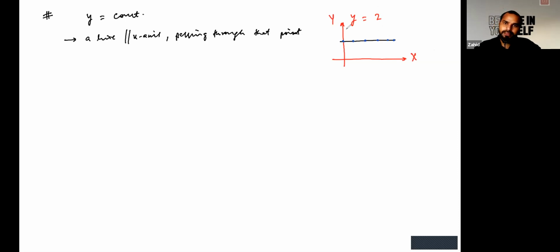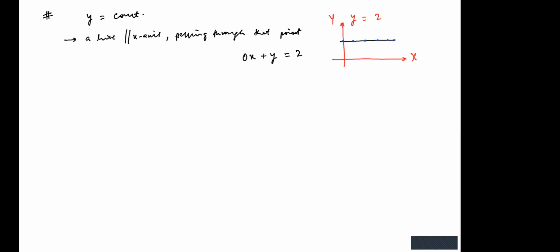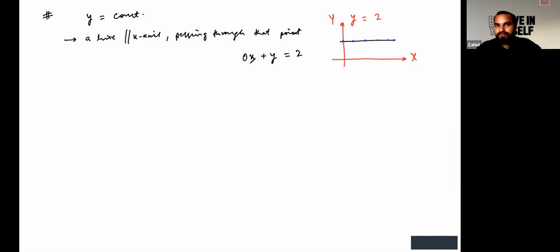How? We can write this particular expression in two variables, like 0 times x plus y is equal to 2. Is it possible to write this expression like this? Yes, sir. So whatever value you put in this expression for x, it gets multiplied with 0 and the whole term becomes 0.